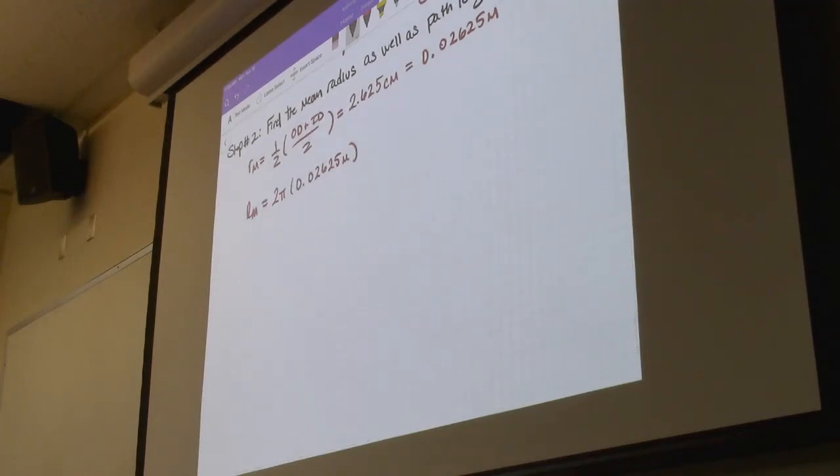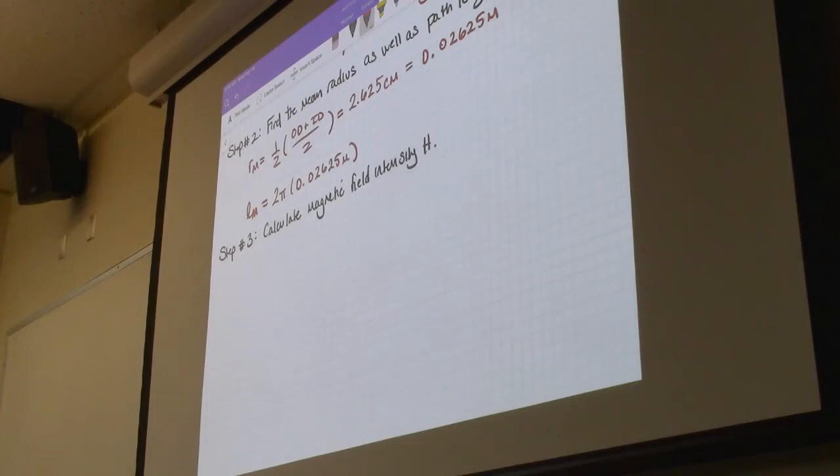Okay. Step 3 is going to be to calculate the magnetic field intensity, H. The equation for that is taken from the textbook, the intensity of the magnetic field.